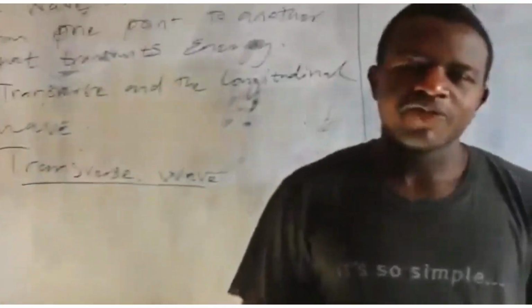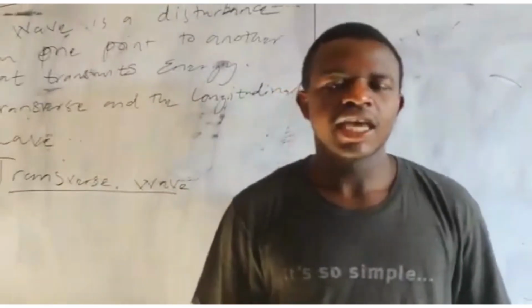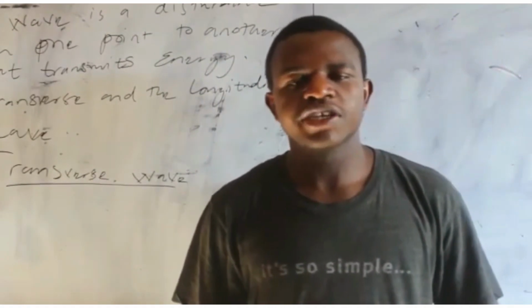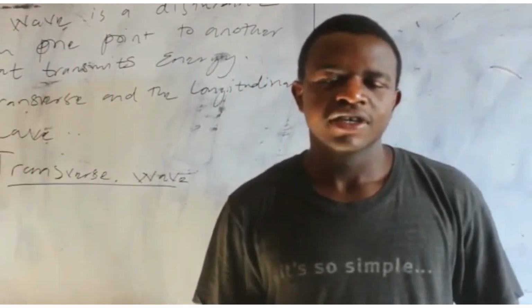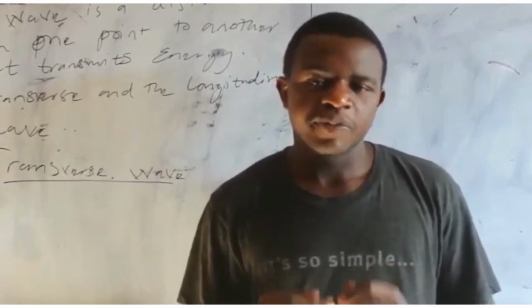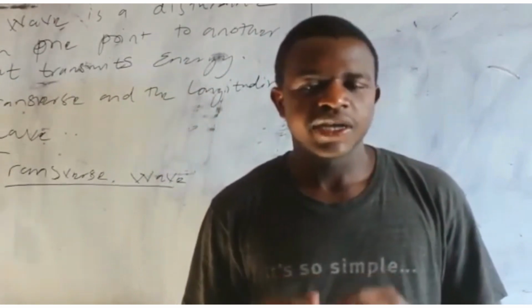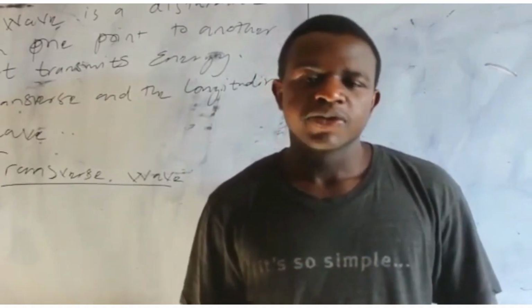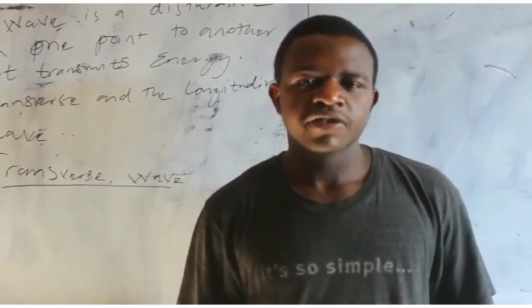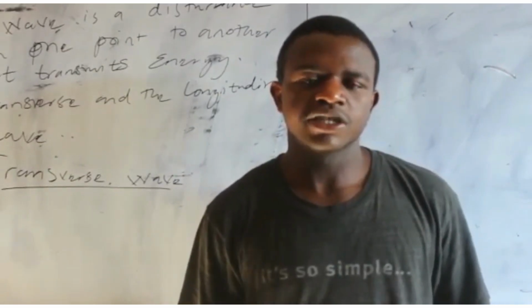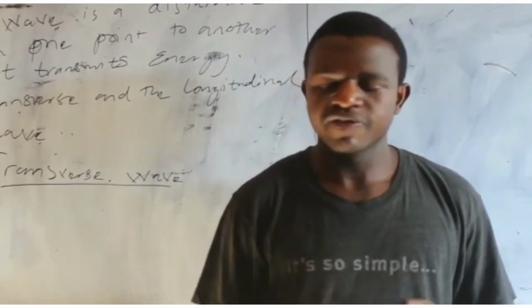A transverse wave is defined as a type of wave where the vibration of the particles is at right angle to the direction of the travel of the wave. And the examples of transverse waves are light waves and water waves.